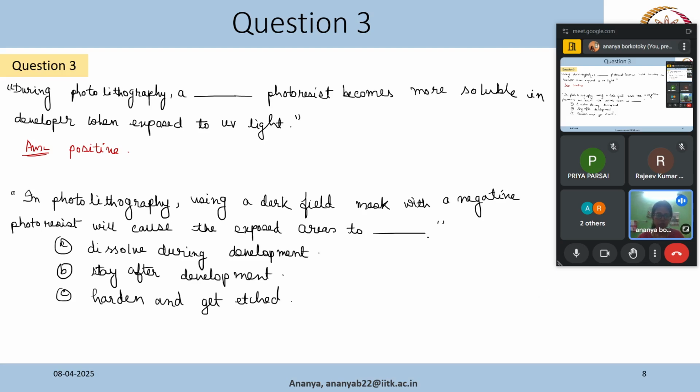If instead of a negative photoresist we are using a positive photoresist, then it will be a bright field mask, because mostly we want everything to go away.